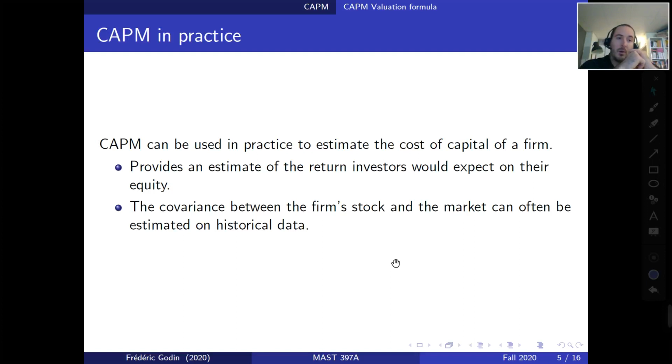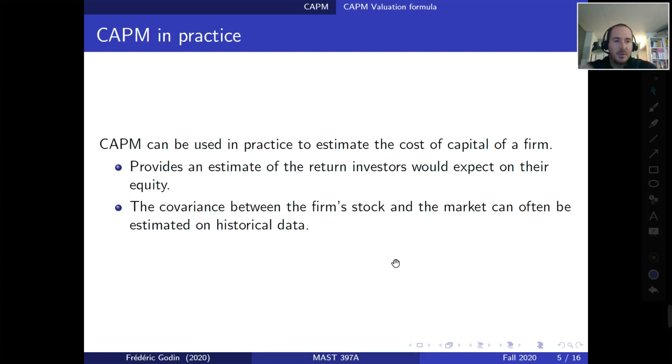So why? Well, for investors, it's very important to have the expected return of a firm, but even if you're in the management of that firm, it's also very relevant to have this information because it allows estimating what we call the cost of capital in the firm. Okay, so what's the cost of capital?